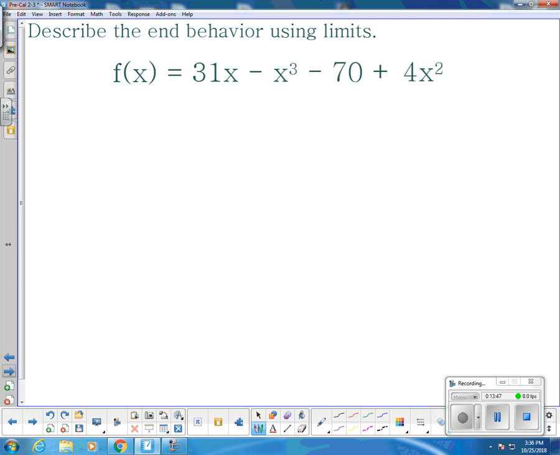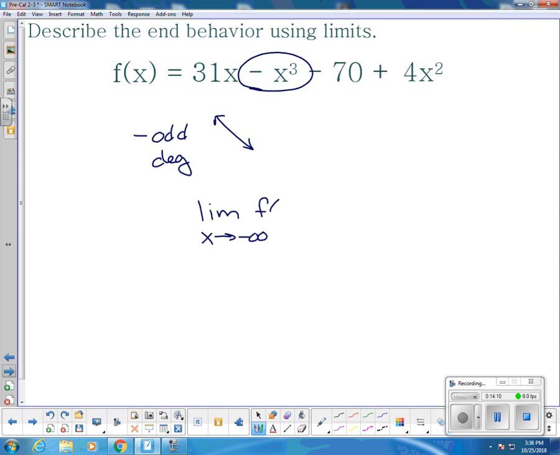So here's another example. You guys can try. Take a second. It's a negative odd degree. So that's going to be the negative line. Really, really, really, and I know you're doing these examples over and over again, practice writing the limit notation.